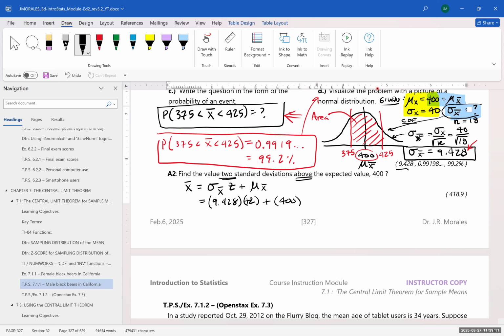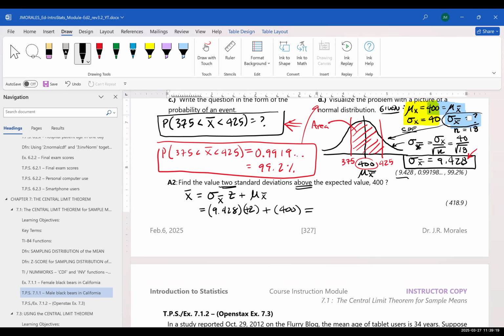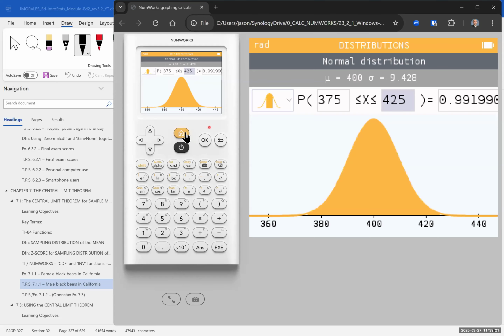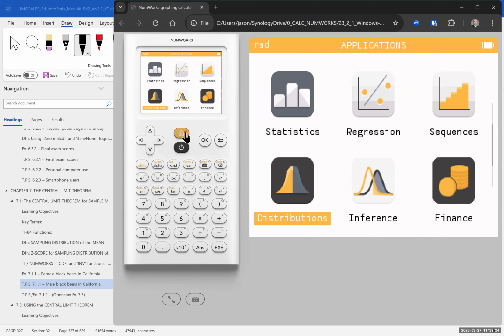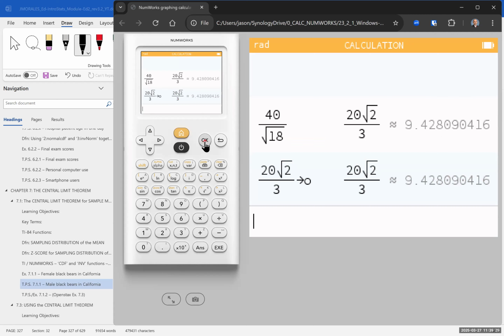Just really quick, let me show you how to use that letter O again in our calculations. If we go to the NumWorks calculator, let's go back to the home screen, then go to the calculation app. I want to use the lowercase letter o, that's the standard deviation, times 2, plus 400.